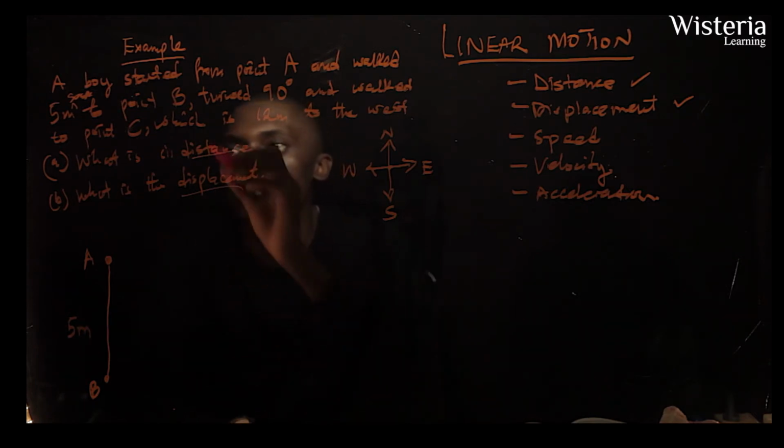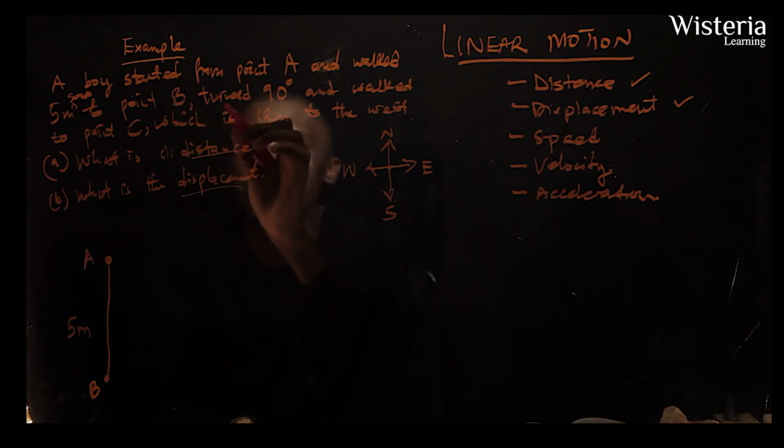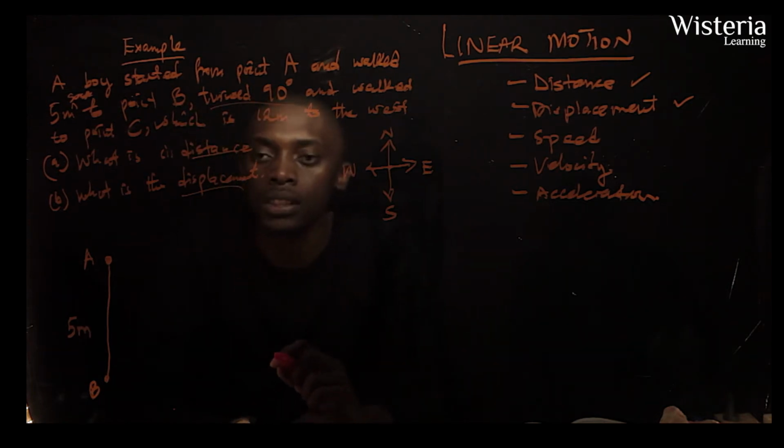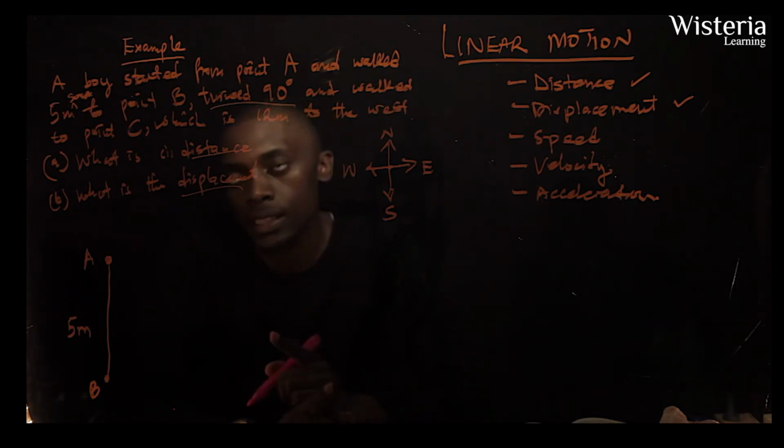What else are we told? We are told that when this boy was at point B, he turned 90 degrees and then walked to point C, which is 12 meters to the west.